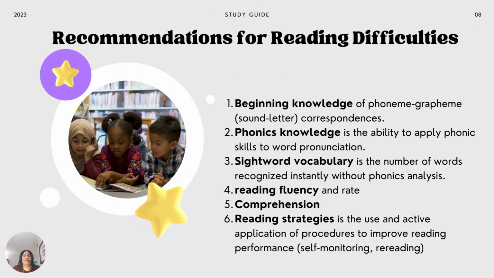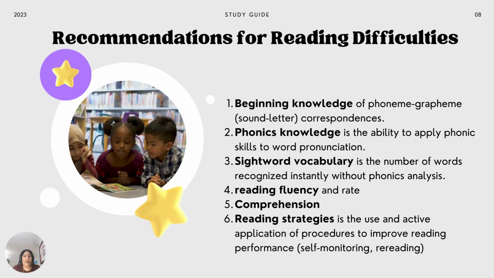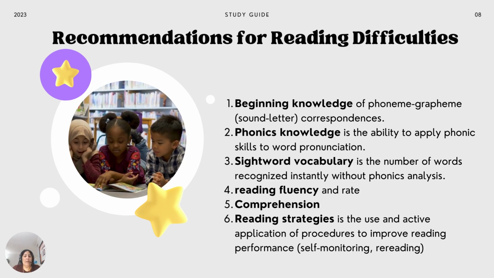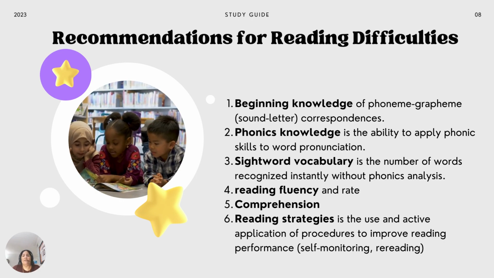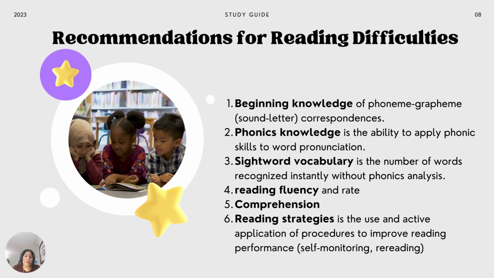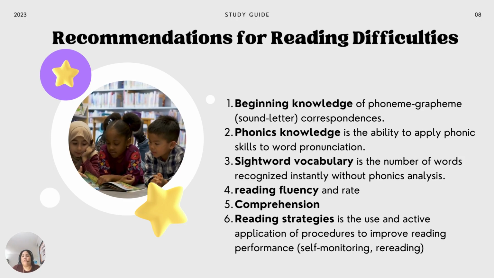Recommendations for reading difficulties can include 1. Beginning knowledge of phoneme-grapheme, sound-letter correspondence. 2. Phonics knowledge, which is the ability to apply phonic skills to word pronunciation. 3. Sight word vocabulary, which is the number of words recognized instantly without phonics analysis. 4.